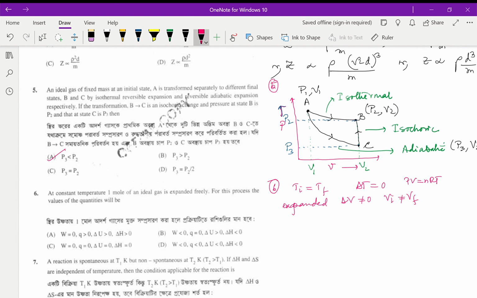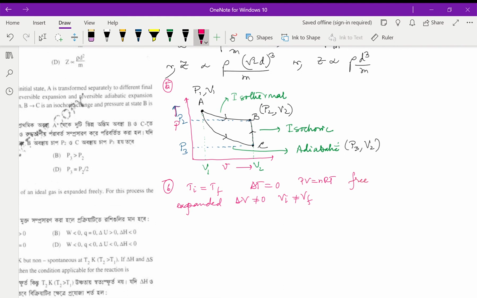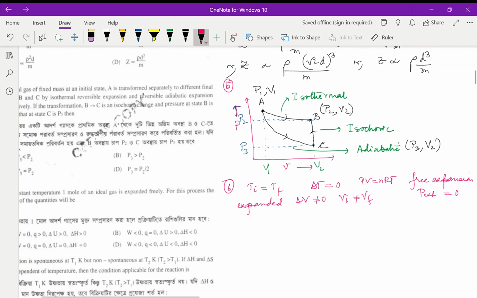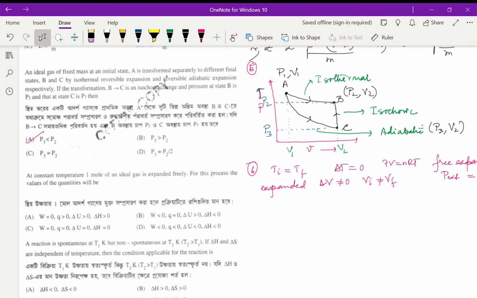But free expansion means P external is equal to 0. So it says for this process, the values of the quantities will be auto-defined. So we know P external into delta V is the work done.